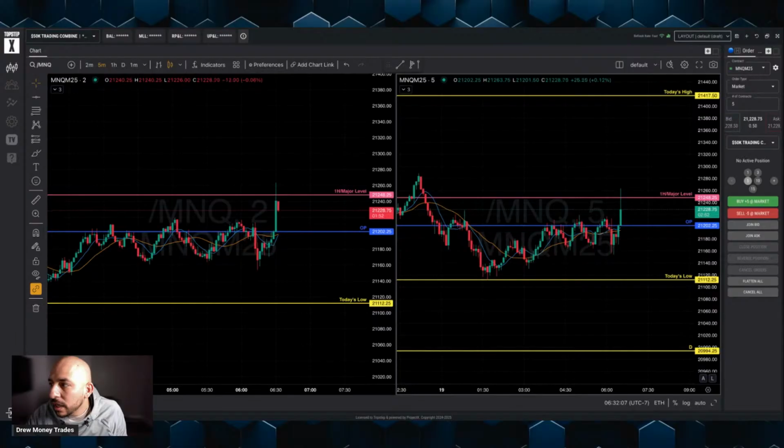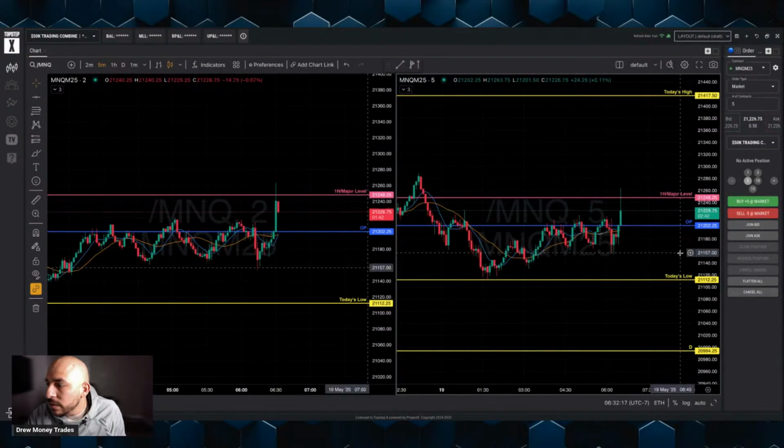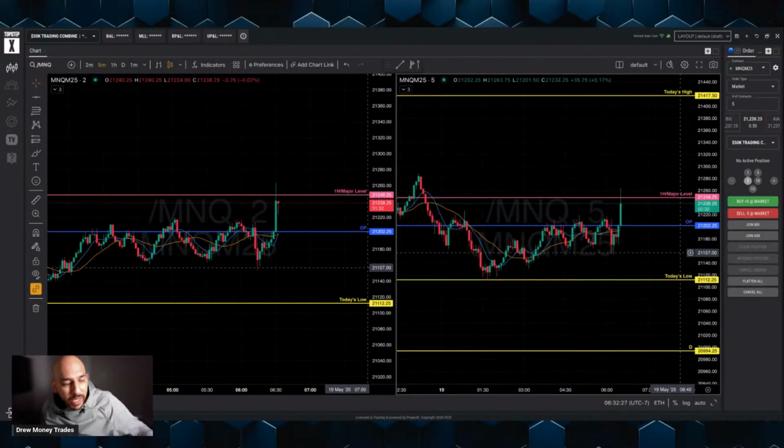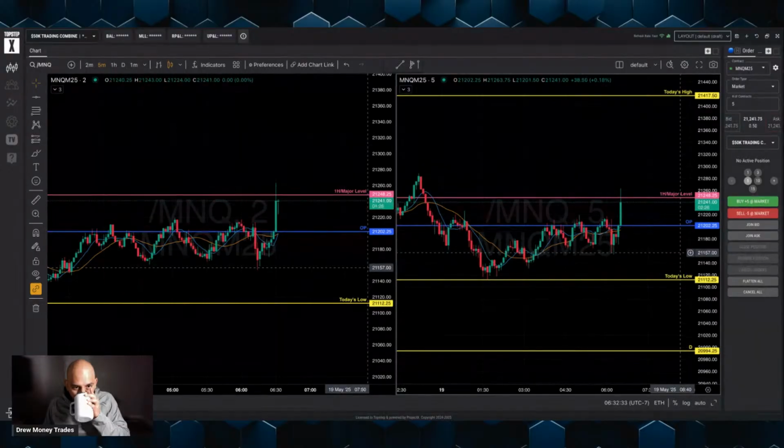What I'm doing is looking to see where those stocks are going in correlation with Nasdaq. Those are the top four stocks in Nasdaq, and they make up 25% of the Nasdaq 100. So if all of these are shooting up, then it's pretty strong that you want to go long.